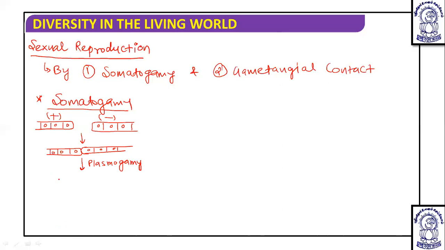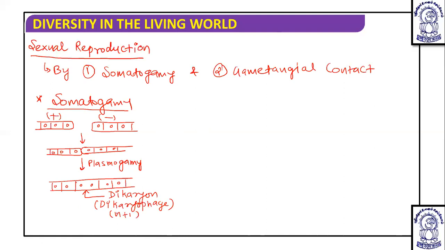When we see the plasmogamy, the dikaryophase is observed. And this dikaryophase is a particular cell showing a dikaryotic condition. This dikaryophase with the two haploid nuclei is short-lived.